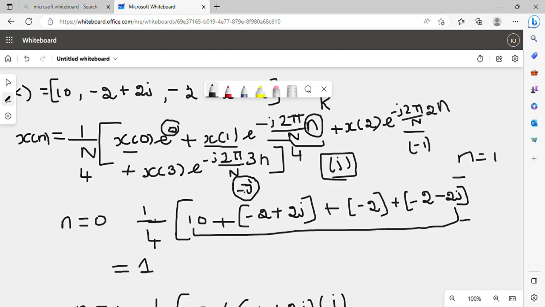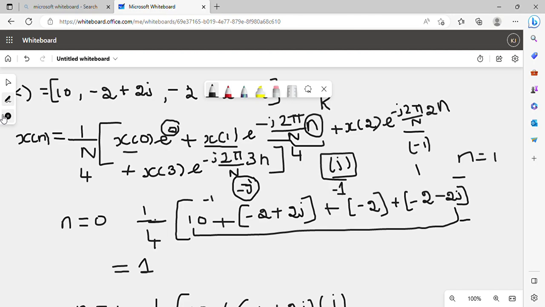You need to know all this. And for n is equal to 2, it would be minus 1, 1 and minus 1. And for n is equal to 3, it is minus j, minus 1 and j, right?